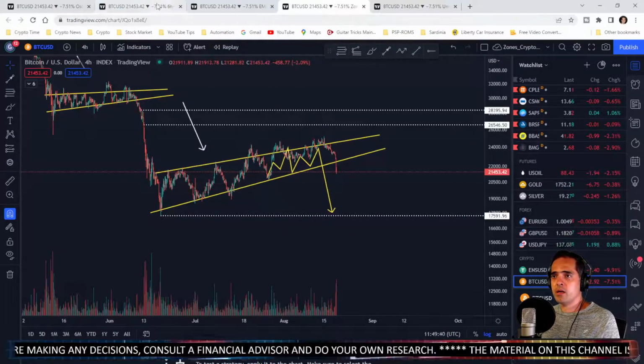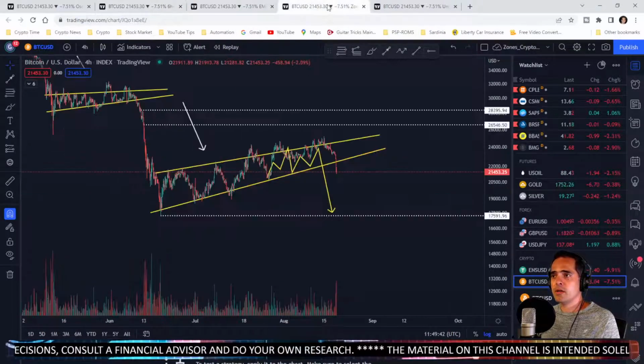Here we have the pattern, and I know this is much nicer, but the idea is the same.